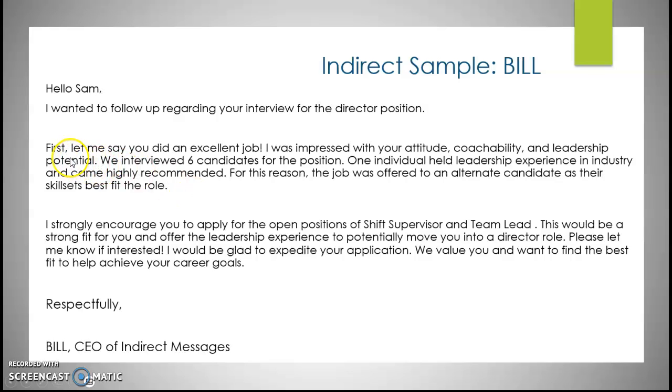Okay, so note the reasoning that was supplied. First it was courteous. It was applauding the reader for the good things they are doing. Then secondly, we explained the scenario. There were 6 candidates who interviewed. 1 had leadership experience in industry. And then the last sentence within that is where we actually supplied the bad news.